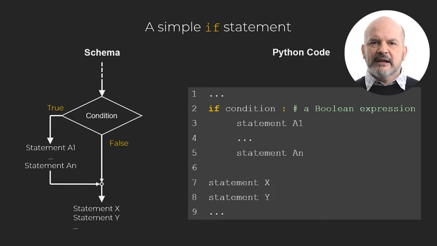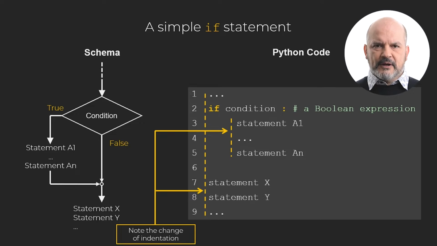The Boolean expression after the if keyword is called the condition. If the condition evaluates to true, then the indented statement gets executed. If not, nothing happens and only the statements X and Y are executed.